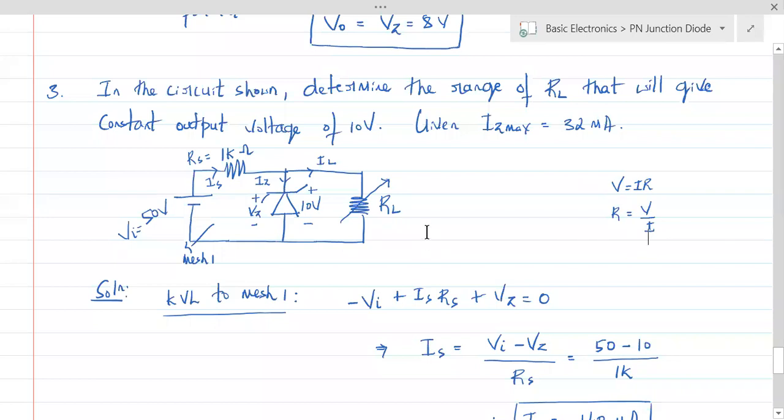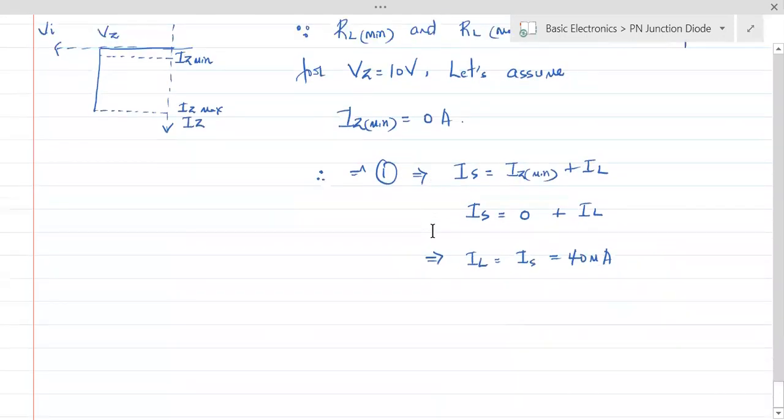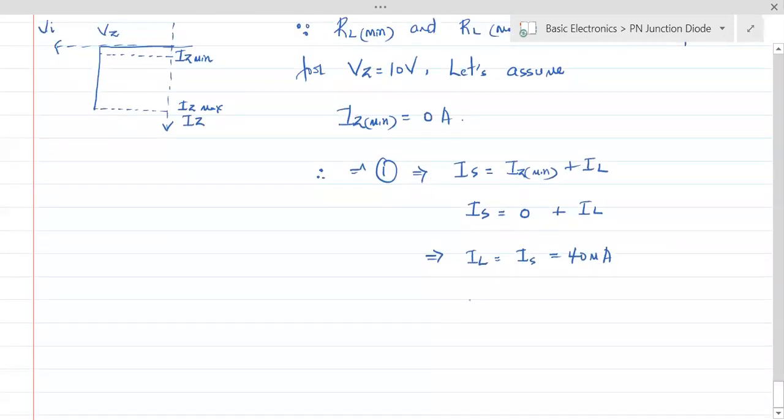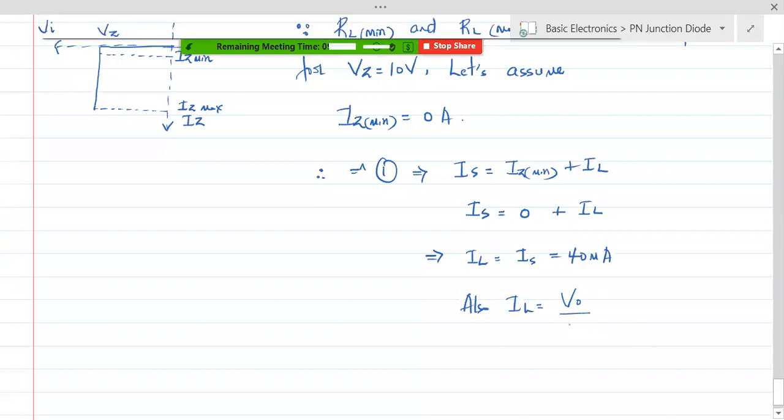That's why we can say IL is equal to V by R, so it's V naught divided by RL. What is V naught?